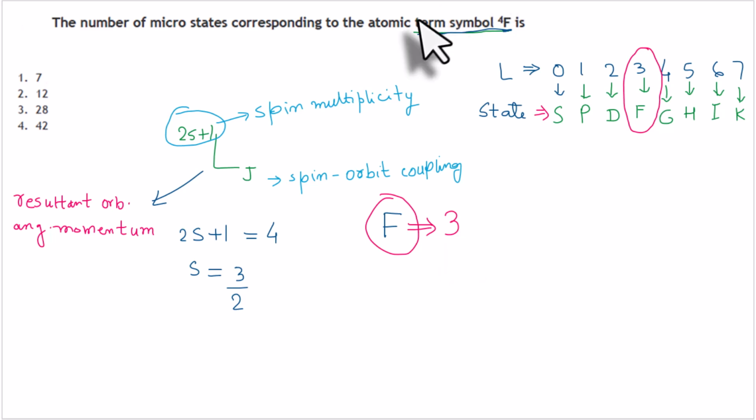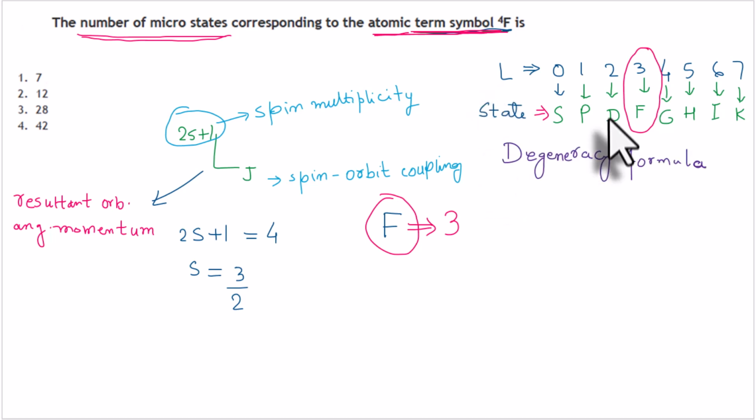Now, the important thing in this question is that we are asked the number of microstates corresponding to the term symbol. For this particular atomic term symbol, the number of microstates is calculated through the degeneracy formula. This states that the number of microstates is the product of the spin multiplicity and the orbital degeneracy.